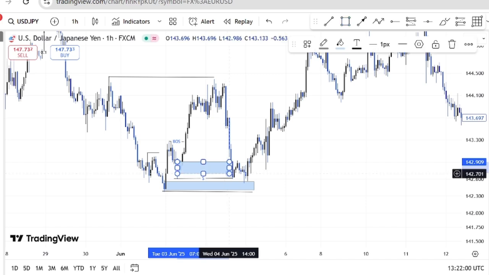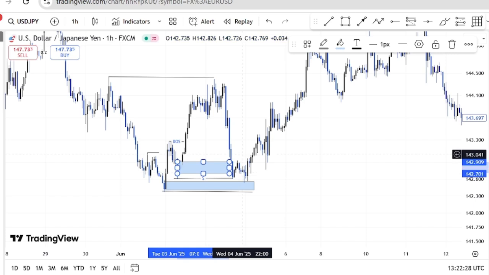Because a lot of traders see this as a break of structure, they want to take their trade from this point and target maybe this high. But because they are not experienced enough or they don't know how to trade order blocks, as I'll be explaining in this course today, they will end up taking a liquidity trade and they will all be flushed out.